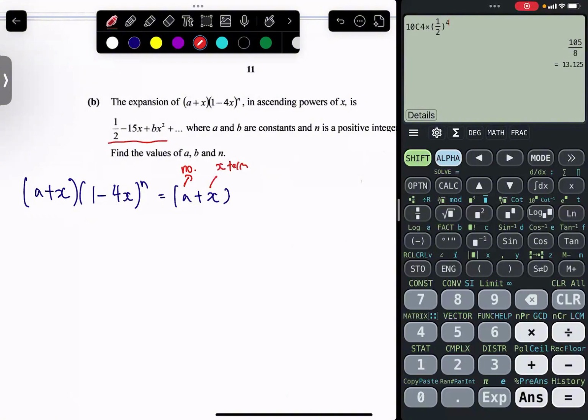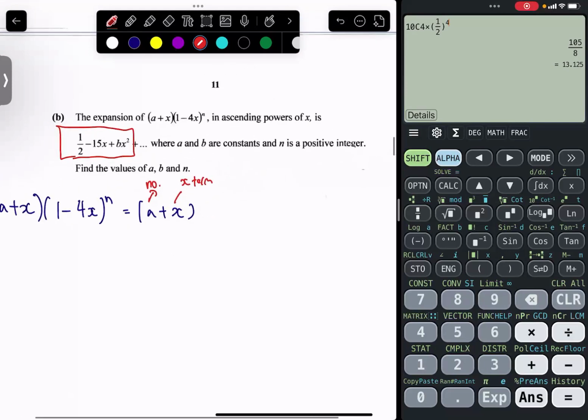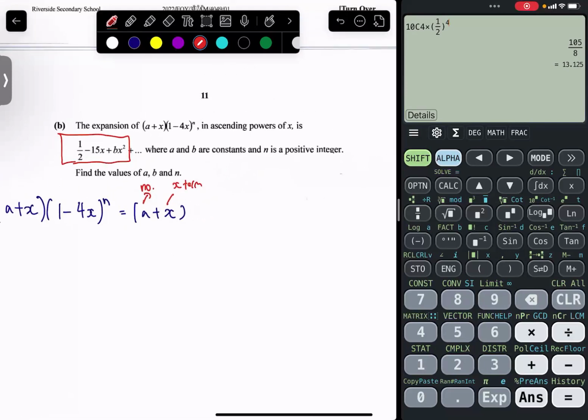They only give me the first three terms, so I also expand the first three terms of (1 − 4x)^n.